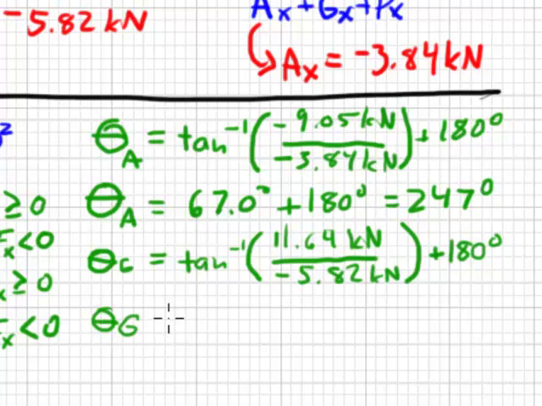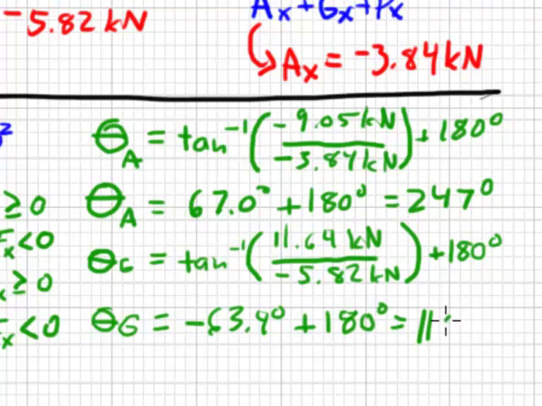Theta G is negative 63.4 degrees plus 180 degrees. So the angle of the reaction at G is 116.6 degrees.